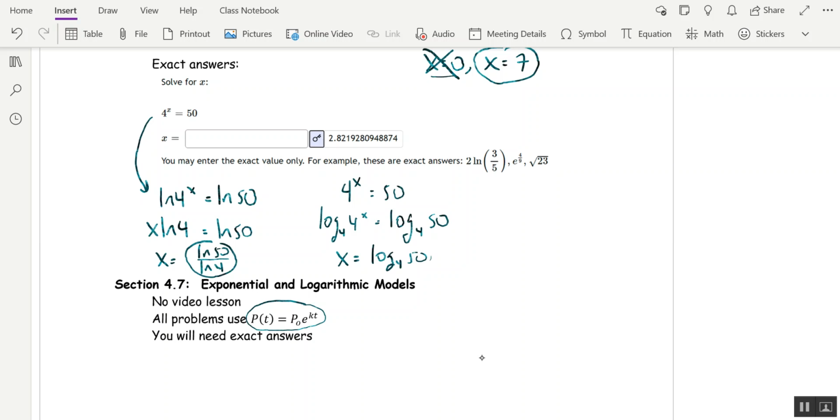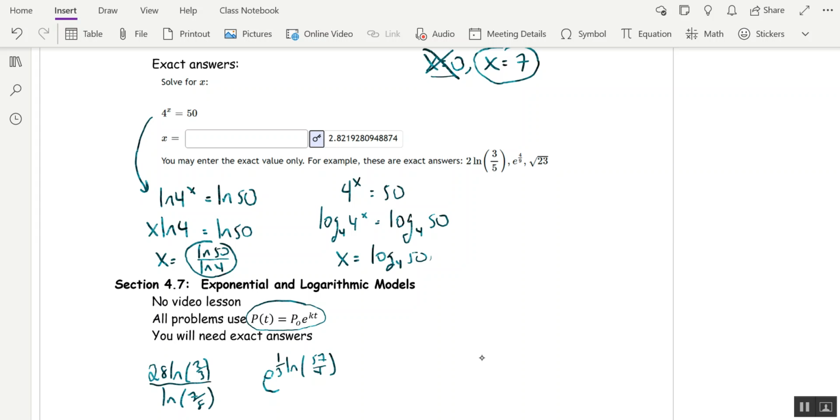Again, you're going to need to give exact answers, and these will be rather long exact answers. So your answer might be like e to the 1/3 ln of 57 over 4. That would be an answer. Or it might be something like 28 ln of 2/3 divided by ln of 7 over 8.